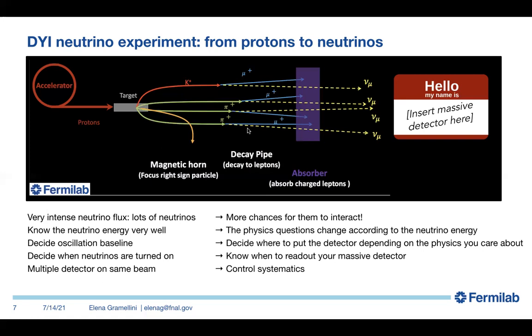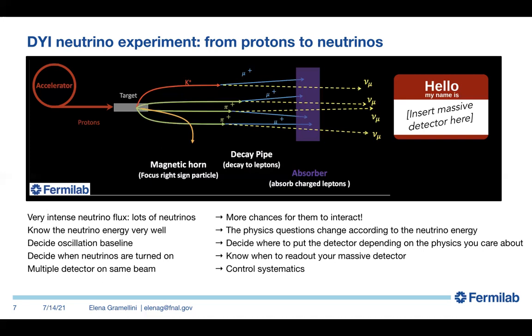So if you only care about the neutrinos and one type of particle at a time, you focus your horn so that you select only your K plus and your pi plus.